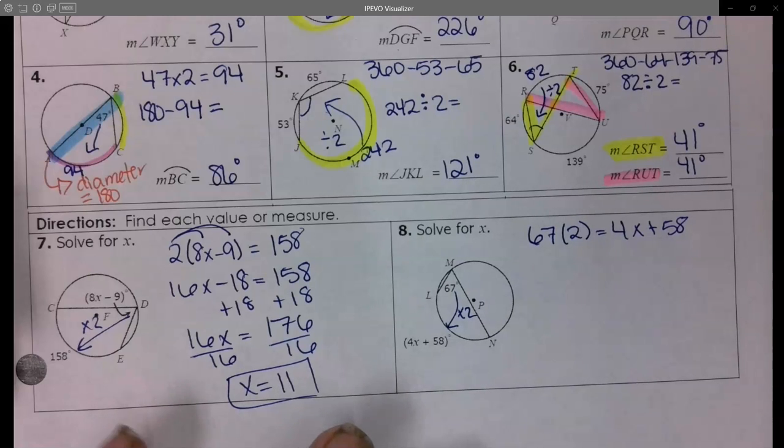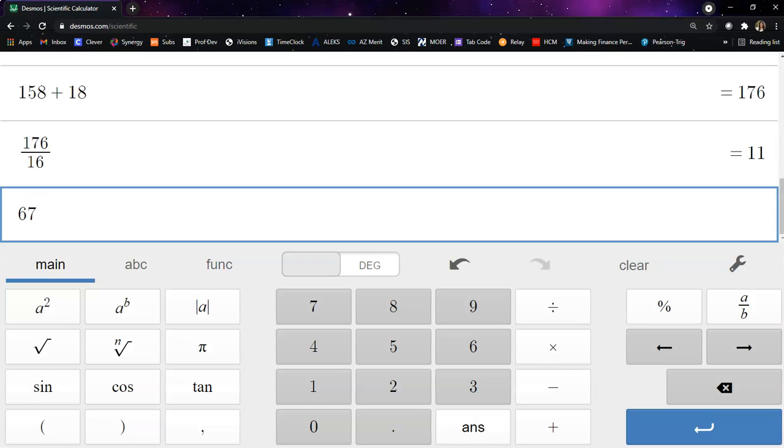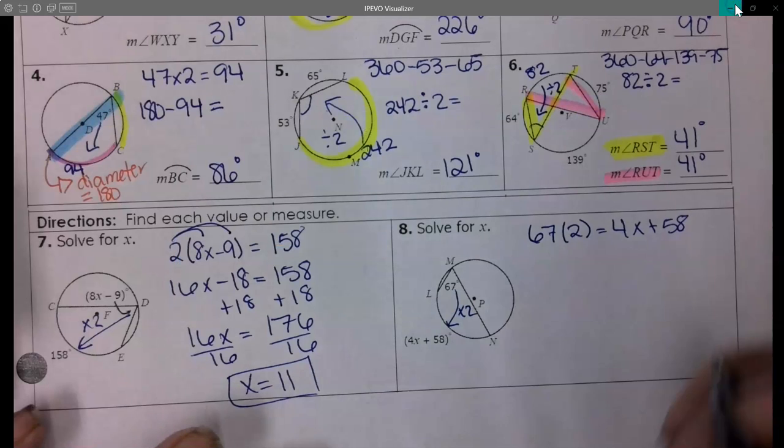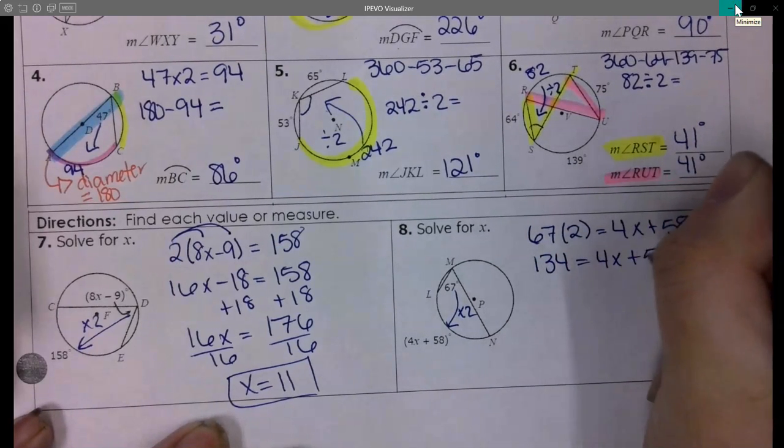So then I want to figure out what 67 times 2 is, which gets me 134 for my left side, and it still equals 4x plus 58.